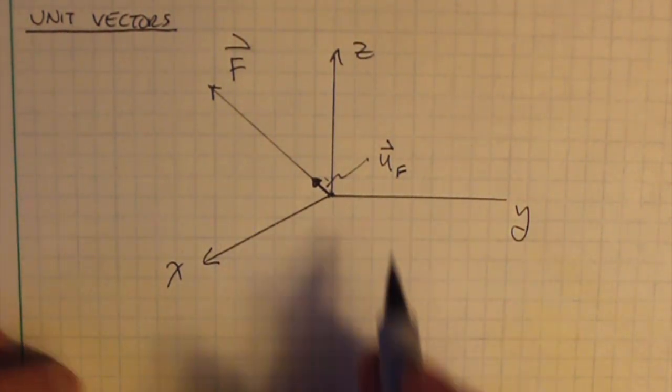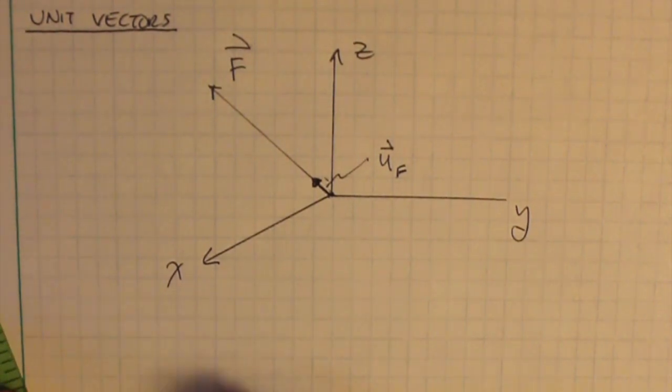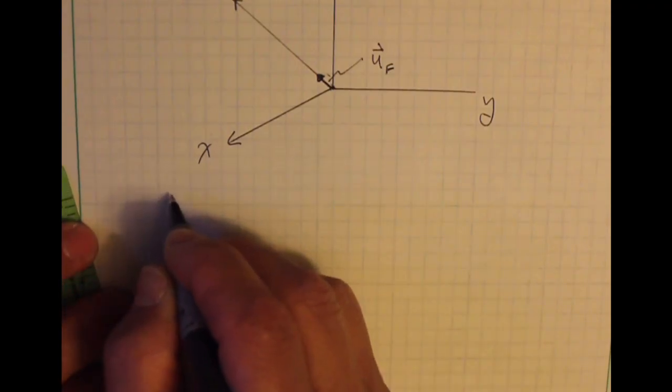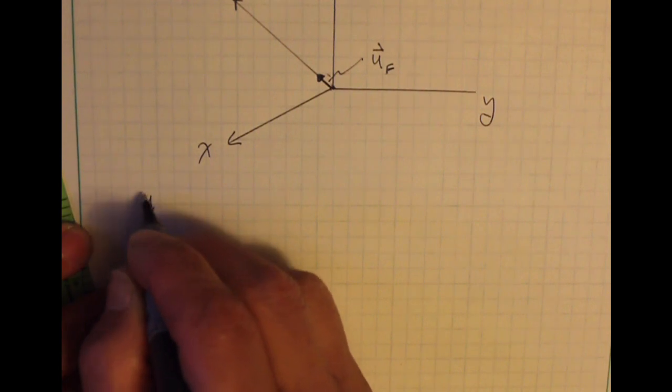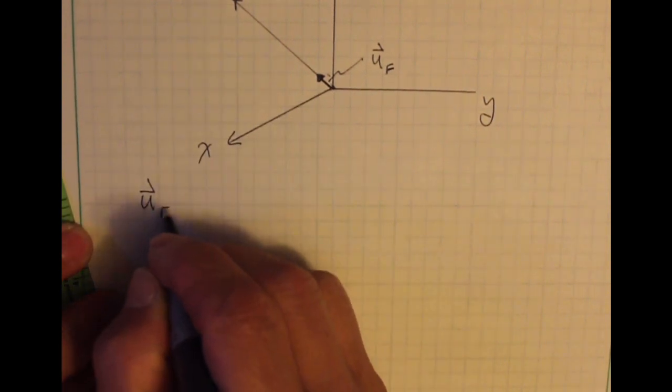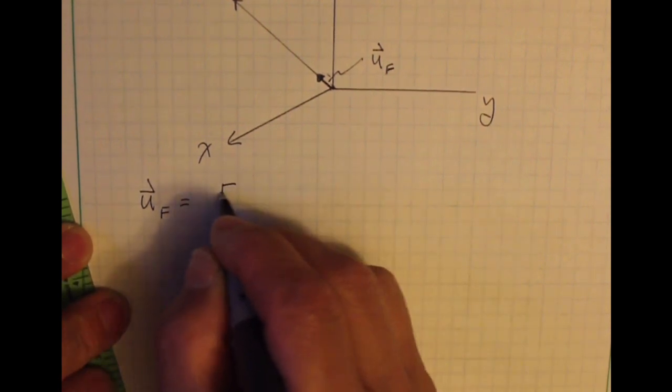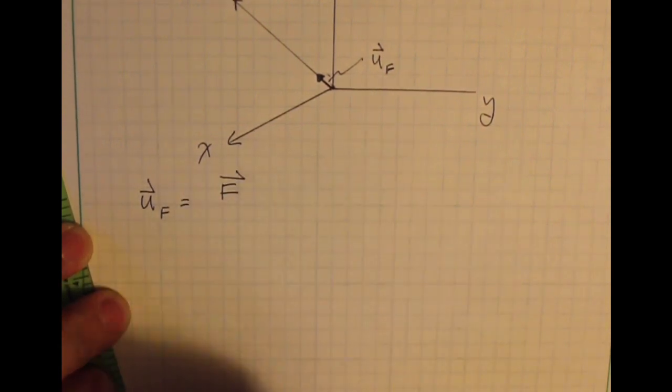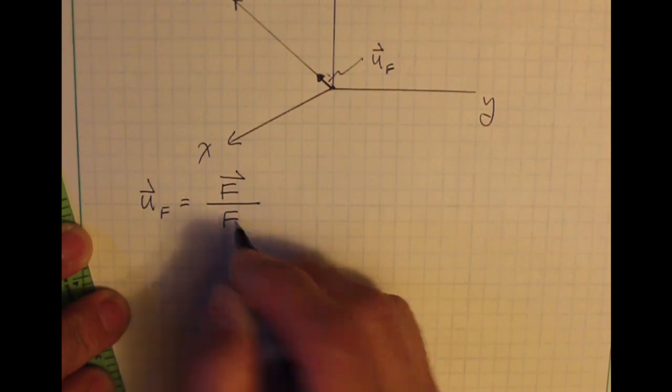How do we find out what that vector is? It's simply given by the formula that the unit vector of that force is given by F divided by the magnitude of F.